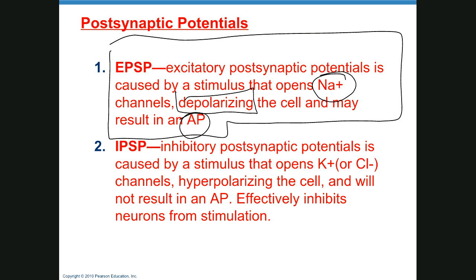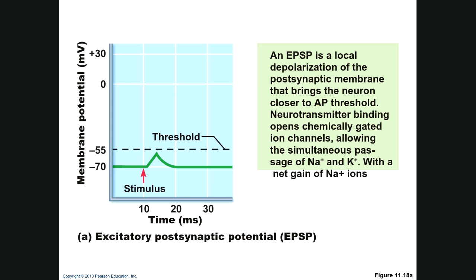This is what happens when the cell is at rest. Graded potential brings in sodium ions, and the sodium ions make the cell more positive, and this is happening at the axon hillock initially, and then moves on down the axon. It brings in enough positive charges to move the cell towards threshold and potentially create an action potential.